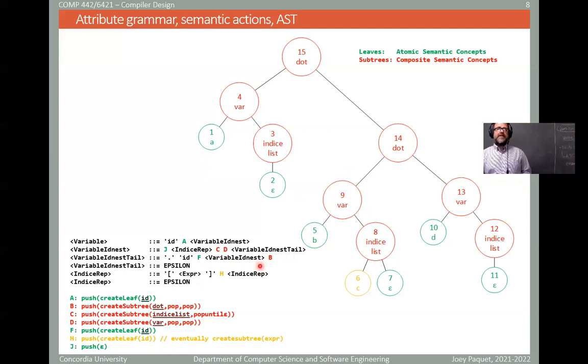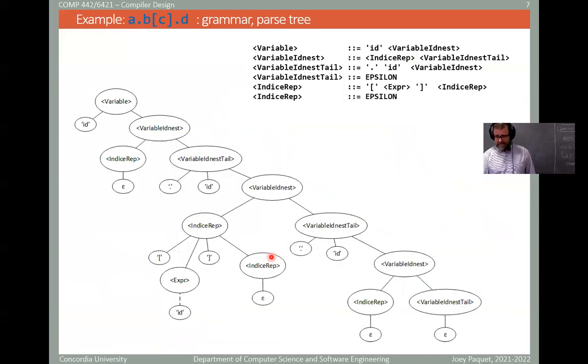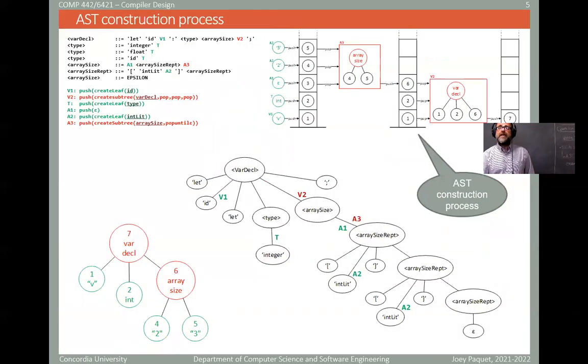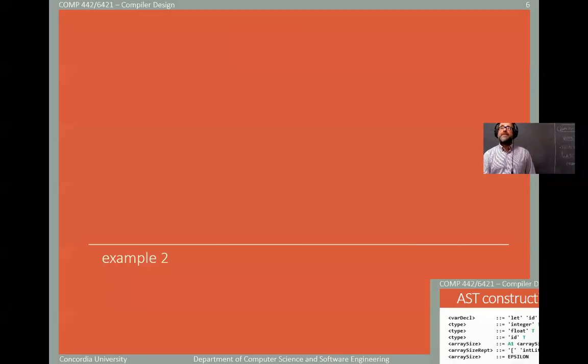Again, I repeat, there are different ways to insert your semantic actions so that it actually works. Here I presented a variation, another way to do things. In the previous example, I inserted my rules at the end of the parsing. For example, variable declaration parses the entire variable declaration, and then I create the variable declaration subtree, parsing array size here, and after I'm finished here, I put my rule that creates the array size composite semantic concept.